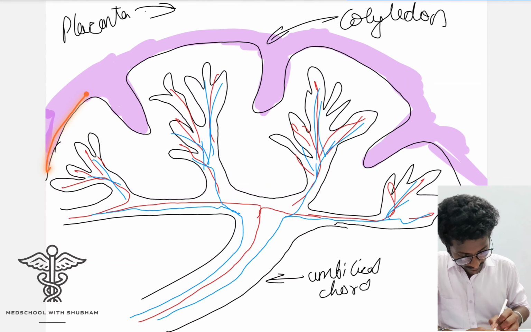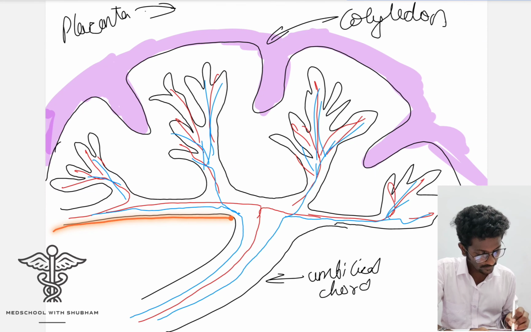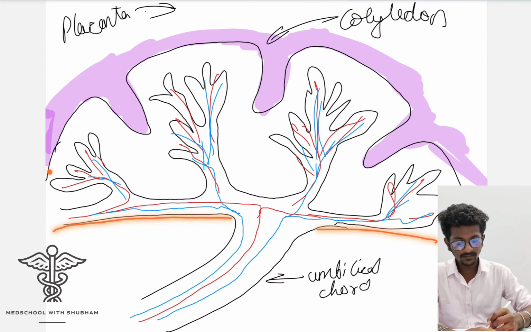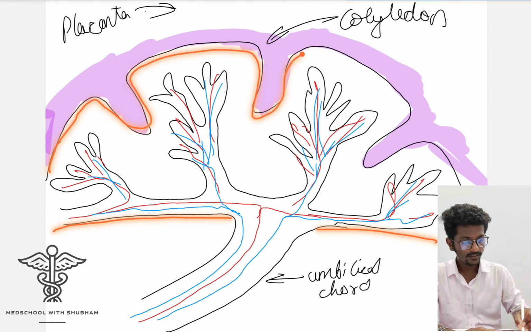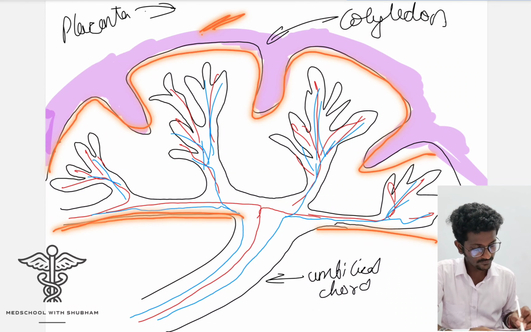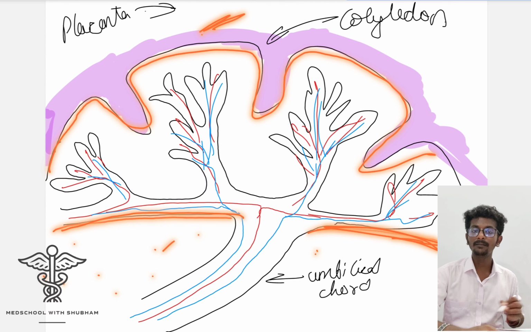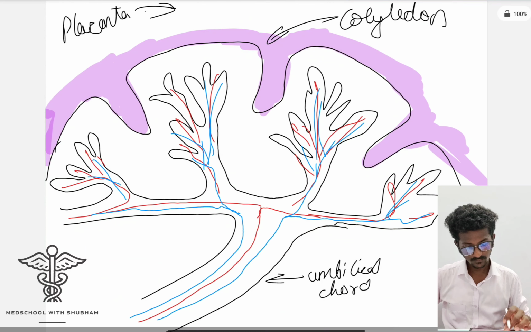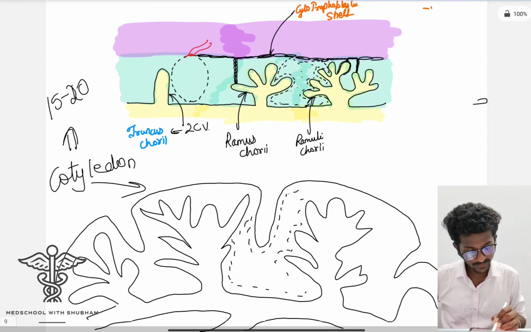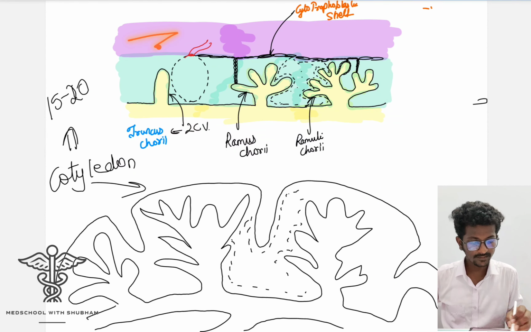Therefore, this is the maternal side of the placenta, and this is the fetal side of the placenta. This is the maternal surface of the placenta because it is facing the decidua basalis, and this is the fetal surface of the placenta, as it is facing the extraembryonic mesoderm. Okay, see, here we had the extraembryonic mesoderm, and this is the decidua basalis.